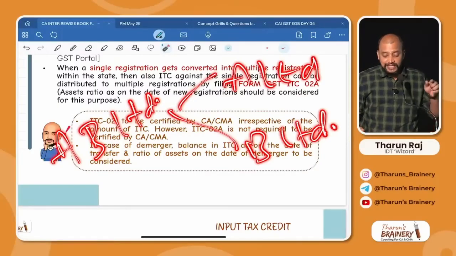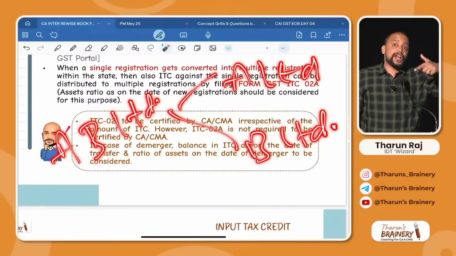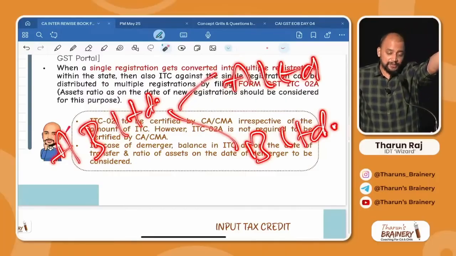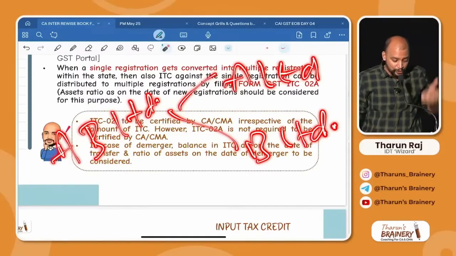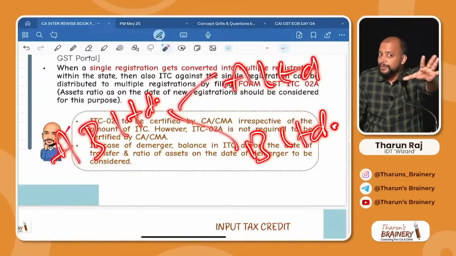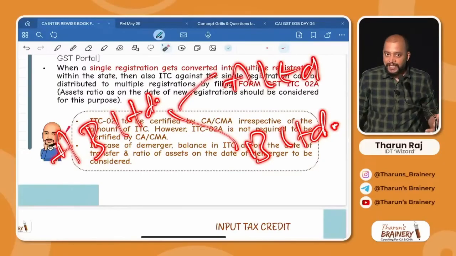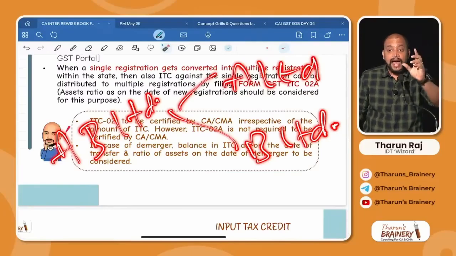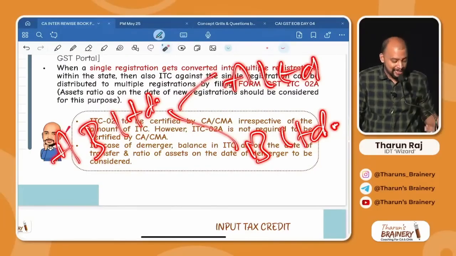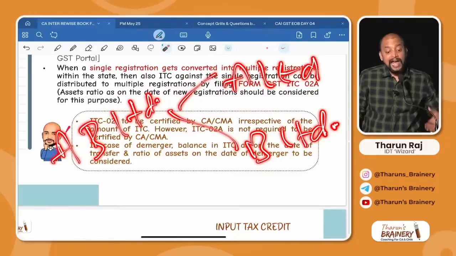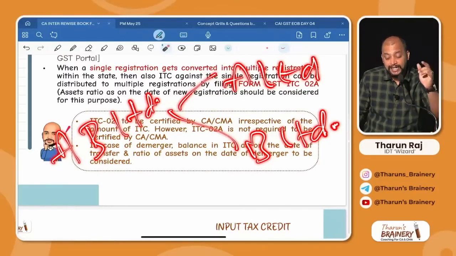Now the demerger happened today, but I am transferring the ITC to A Limited and B Limited after 1 month. Now which assets ratio to be taken, today's or after 1 month? You understood my question? Today demerger happened, after 1 month only I am transferring the ITC. Now for ITC balance or assets ratio, which date should be taken? Read that and tell me.